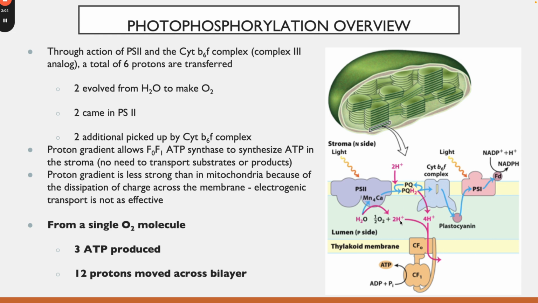And then our last 4 are going to come from the Q cycle occurring twice, essentially, because the first time it occurs, 2 protons are pumped, but we remember that plastocyanin only carries 1 electron, so we have to do the Q cycle one last time. It's a two-part reaction, and then the last 2 protons are pumped. So that's our 4, that's our 2, and that combines to form 6 protons across. So honestly, you can just literally memorize the bold and you'll be fine for the exam, but I just wanted to describe it.